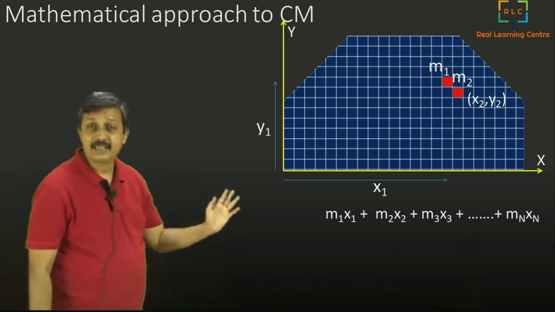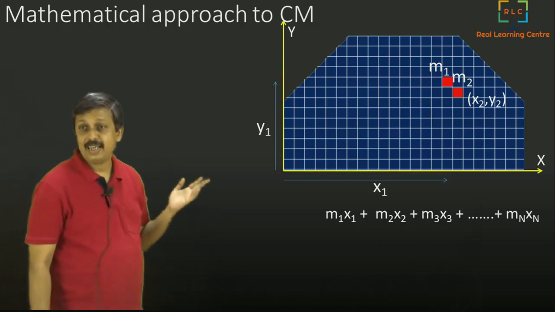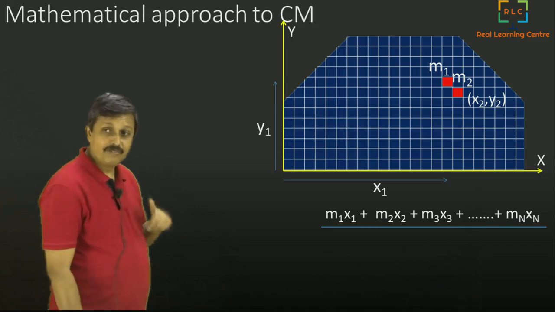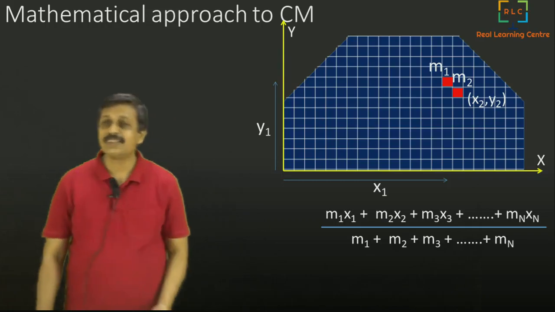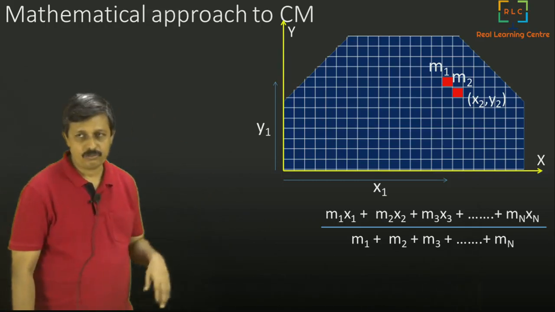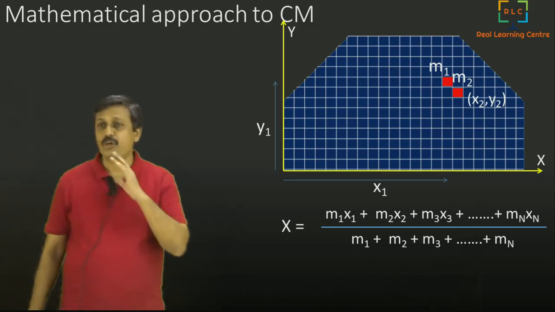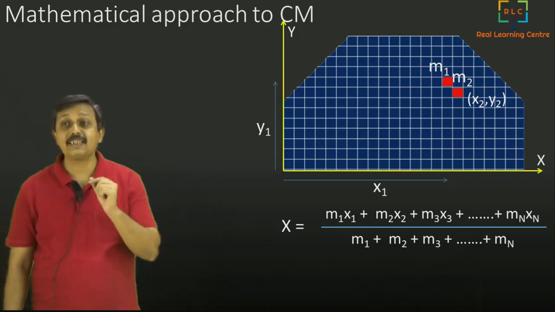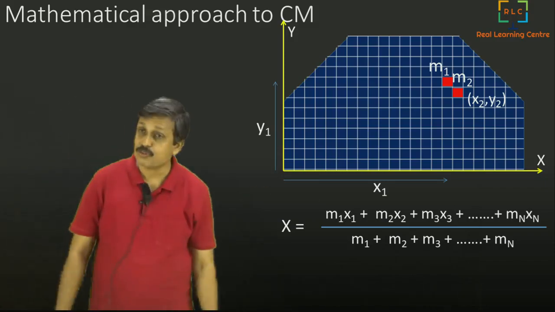Like that we keep adding up to mn xn, and then we divide that by m1 plus m2 plus m3 plus m4, like that, which is nothing but the total mass of the body. We'll call it capital M if you want. So this ratio we will call the x coordinate of the center of mass. If you want to find the x coordinate of the center of mass, this is the formula to use.